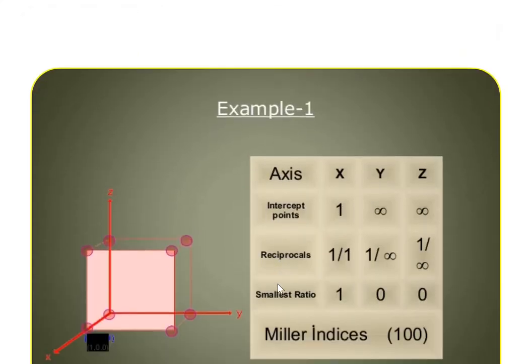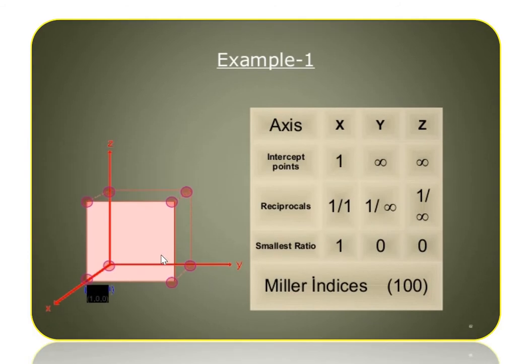Then again, take one example. In this example the intercept along the x-axis is 1; along the y-axis the plane is parallel, so there is no intercept and we call it infinity; along the z-axis infinity. Reciprocals are 1 upon 1, 1 upon infinity, 1 upon infinity. So the smallest ratio is 1, 0, 0.